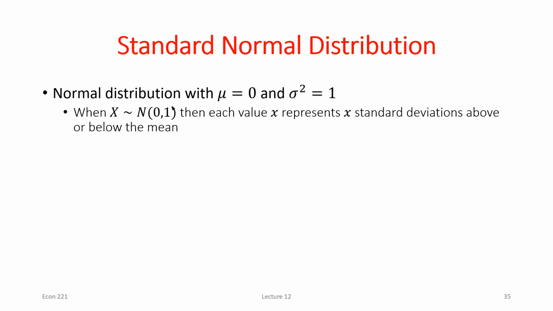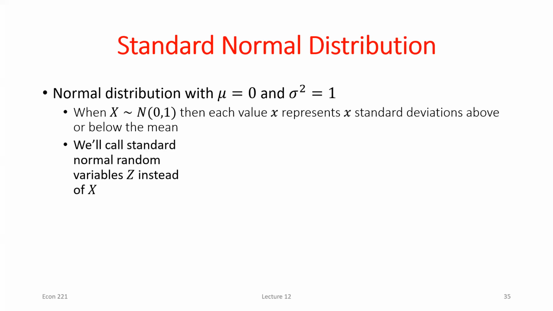So for a standard normal distribution, the values have this really nice interpretation, which is whatever the value of x is, that's just the number of standard deviations that value is from the mean. So if I can convert any normal distribution into a standard normal distribution, the value I convert it into should reflect how many standard deviations away from the mean whatever value I was looking at is.